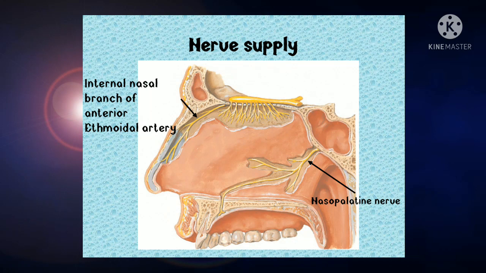And the postero-inferior part is supplied by the nasopalatine branch of the pterygopalatine ganglion, which is the main nerve supply of the nasal septum. And the special sensory nerves or the olfactory nerves are confined to the superior part of the olfactory area, which transmit through the cribriform plate of the ethmoid bone.